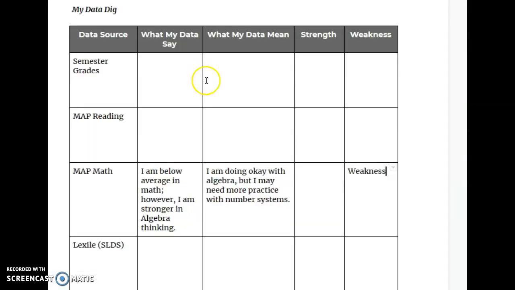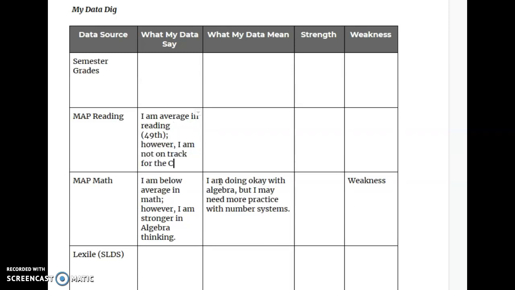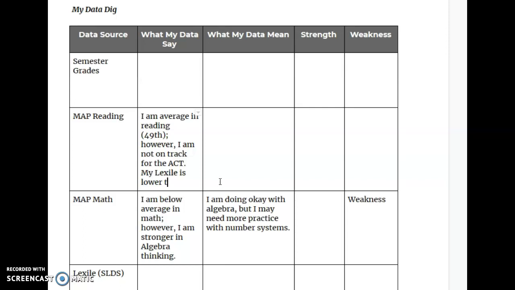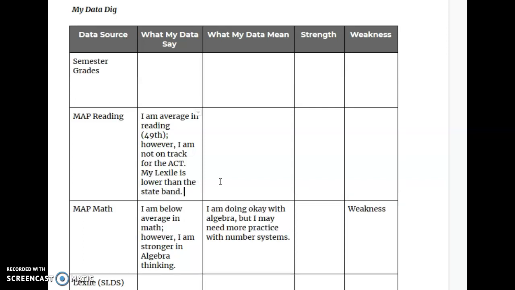So I would come here, I would go to the MAP reading, just like I filled out the MAP math. I am average in reading. Okay, I'm at the 49th percentile. That's pretty average. However, I am not on track for the ACT. My Lexile is lower than the state band. All right, so what does that mean? I am a capable reader.